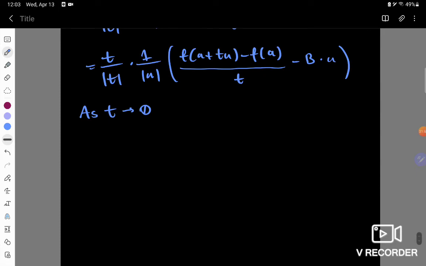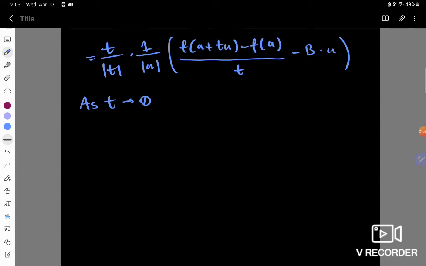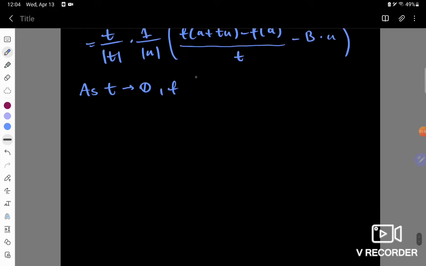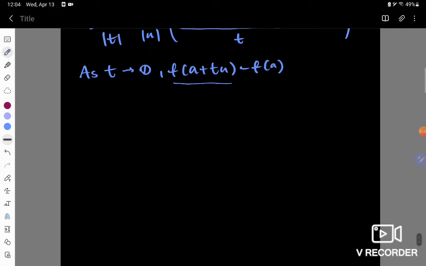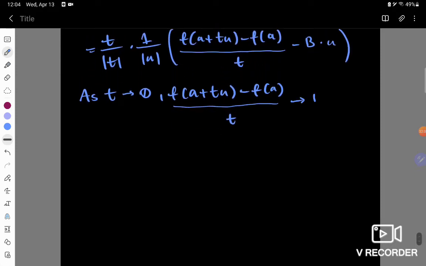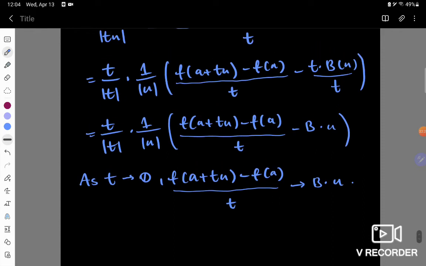So if this all goes to 0 as t approaches 0, then f of a plus t times u minus f of a, all over t, is going to approach b times u. Okay, so now we have shown this, and it's worth noting that this linear map is going to be unique, so it's a well-defined formulation that we've supposed here. So we're done now with that.